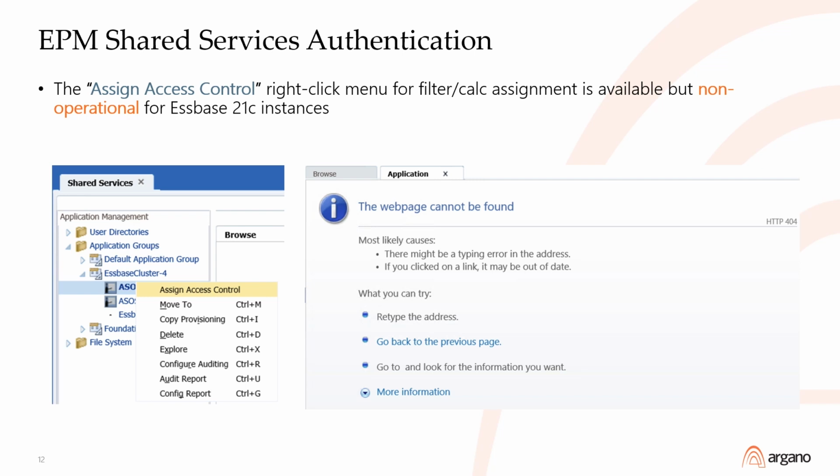You can use LCM and EPM Shared Services to export and import provisioning. However, filter and calc assignments are not included in the LCM job. Filters and calculations can be assigned to users or groups in one of three ways: the Essbase 21c website, RestAPI, or MaxL.